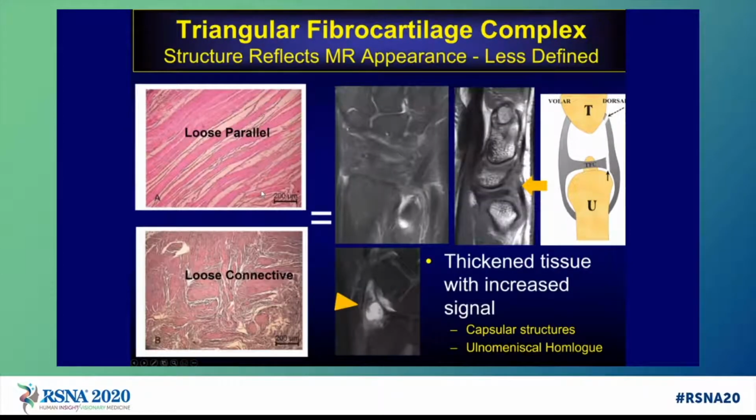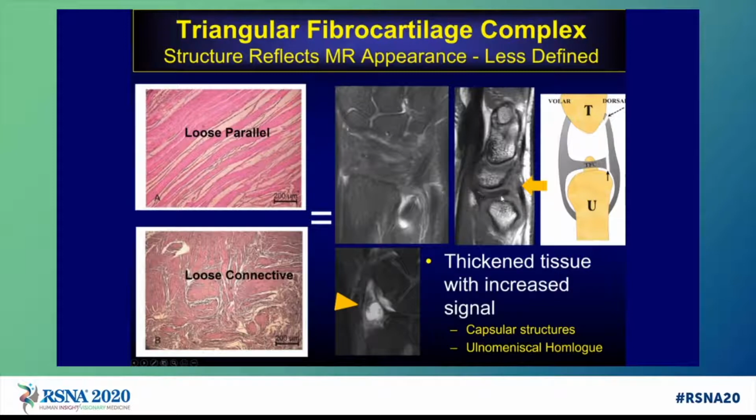And as we remember that those extrinsic ligaments, in addition to the ulnomeniscal homologue, are loose connective tissue, then when we start to assess them here, a coronal image to the wrist at the dorsal margin, we see that they're not such discrete linear low signal intensity structures, but they reflect the histologic structure in that we can see high signal intensity synovial hypertrophy, perhaps even fluid, extending into those loosely parallel connective fiber tissues.